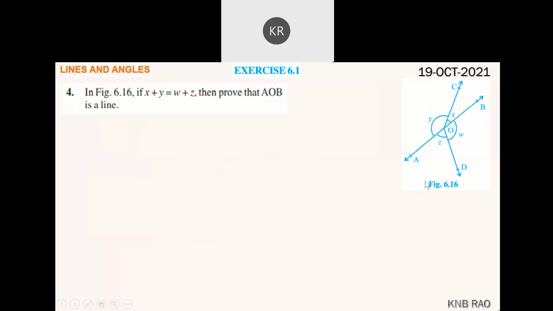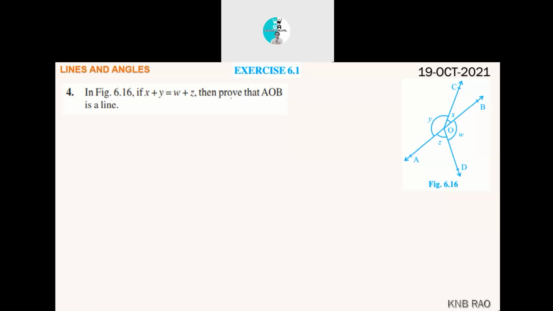Question number 4. Go through the question. In figure 6.16, x plus y equals w plus z. That means the sum of all four is 360 degrees.